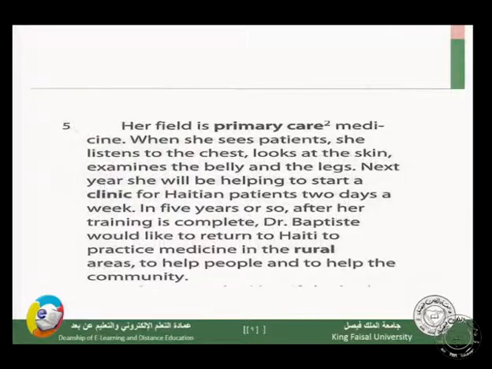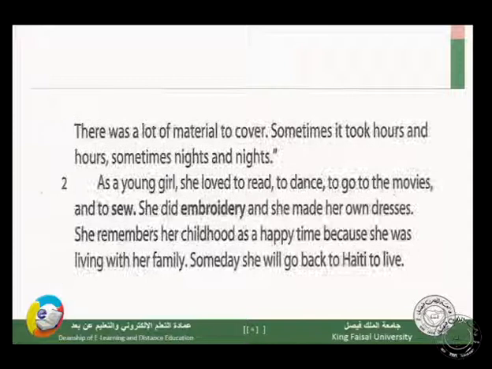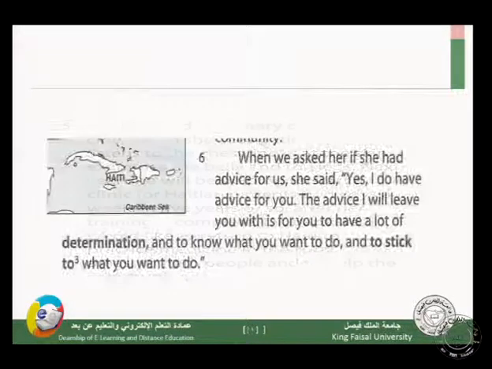If we go back to the paragraph number 2, as a young girl, she loved to read. So the first answer is: she loved to read. 2, dance. 3, go to movies. And 4, sew. So this will be the answer to number 2.